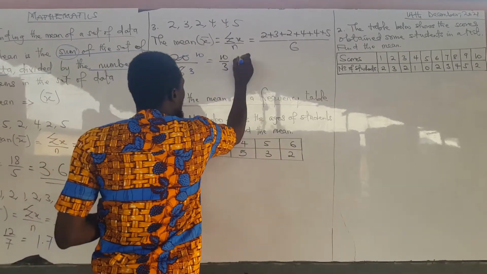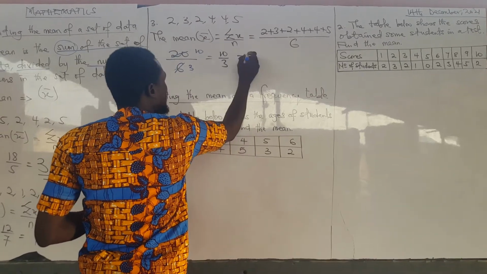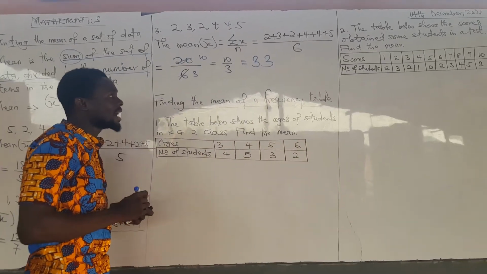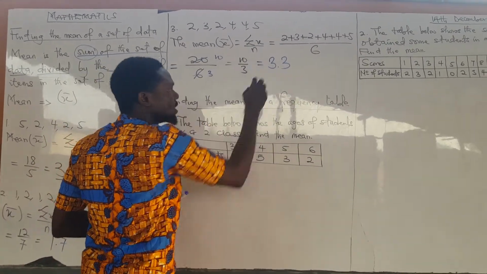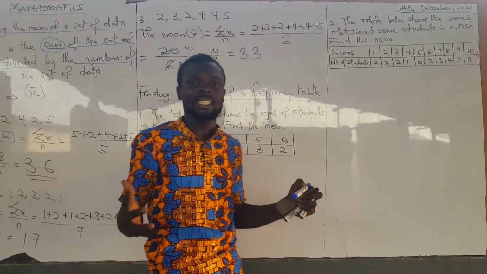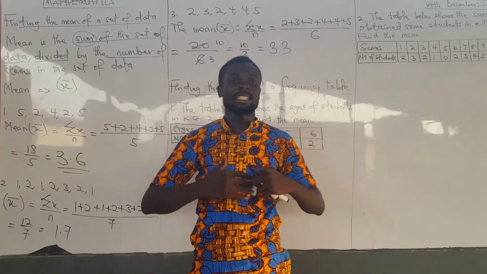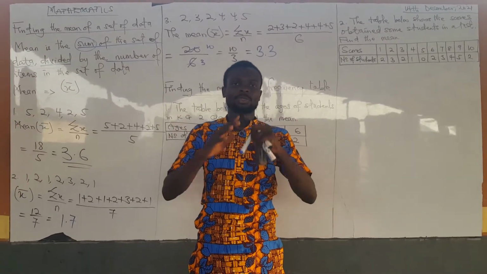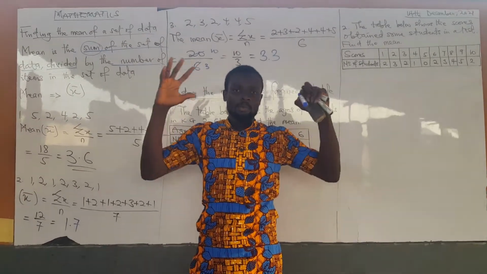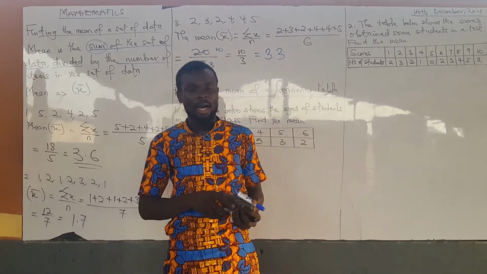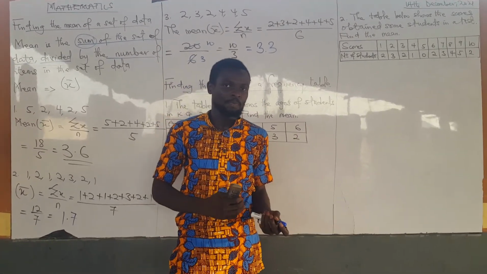So our final answer for the mean here is 3.3 to one decimal place. And this is how we can calculate the mean of a set of data. Put the set of data together and divide it by the number of items.